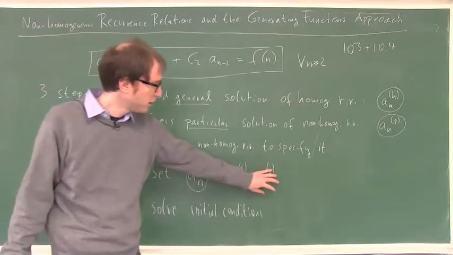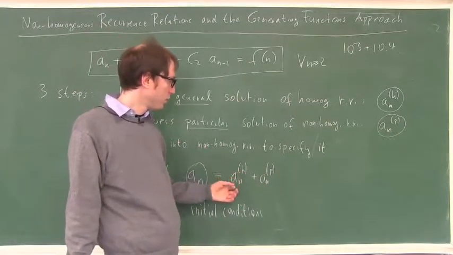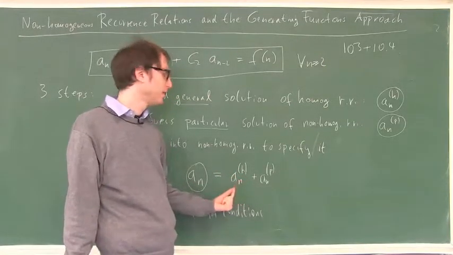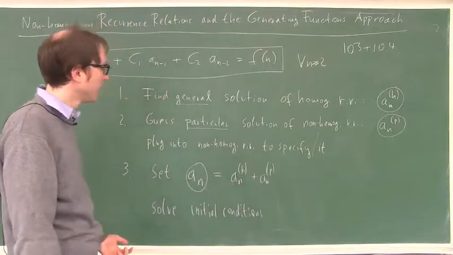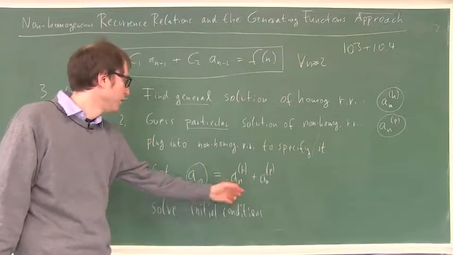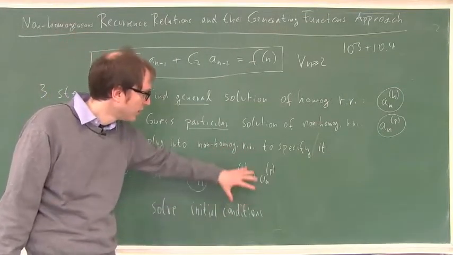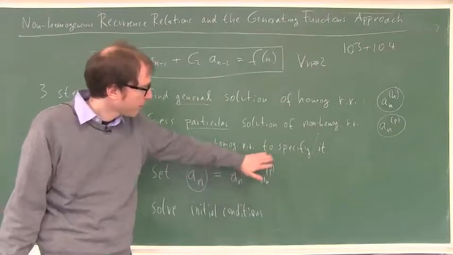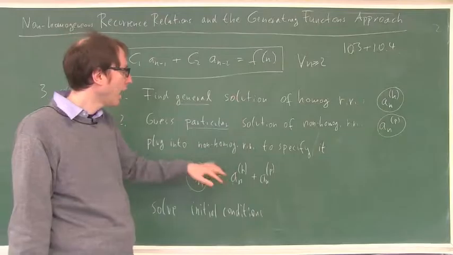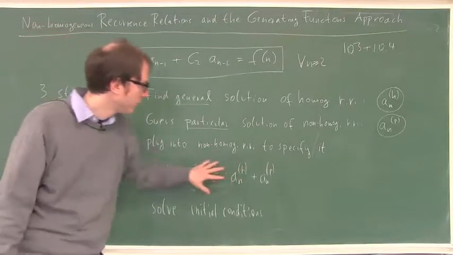It will be one particular solution plus the general homogeneous solution. Remember, there are still some constants in here, and we claim we can choose these constants so that they satisfy the initial conditions. So if you choose the right constants here, the right side will satisfy the non-homogeneous recurrence relation and the initial conditions, and so it will be equal to an.